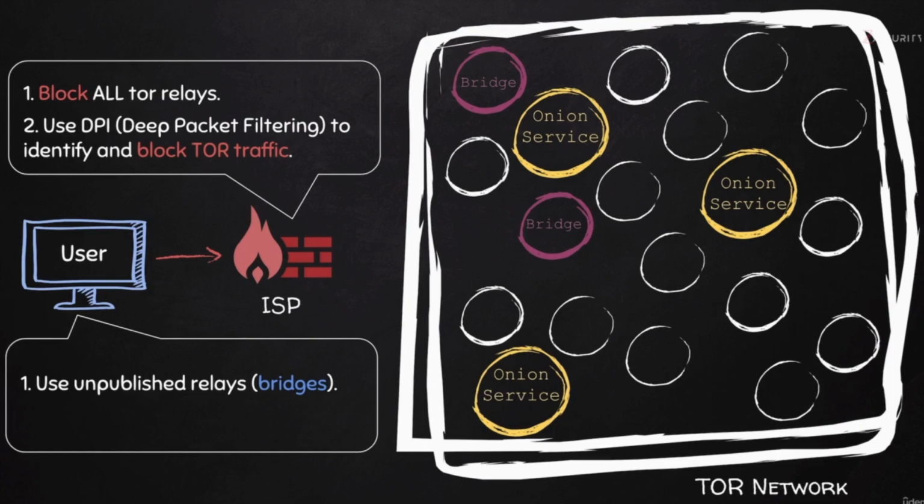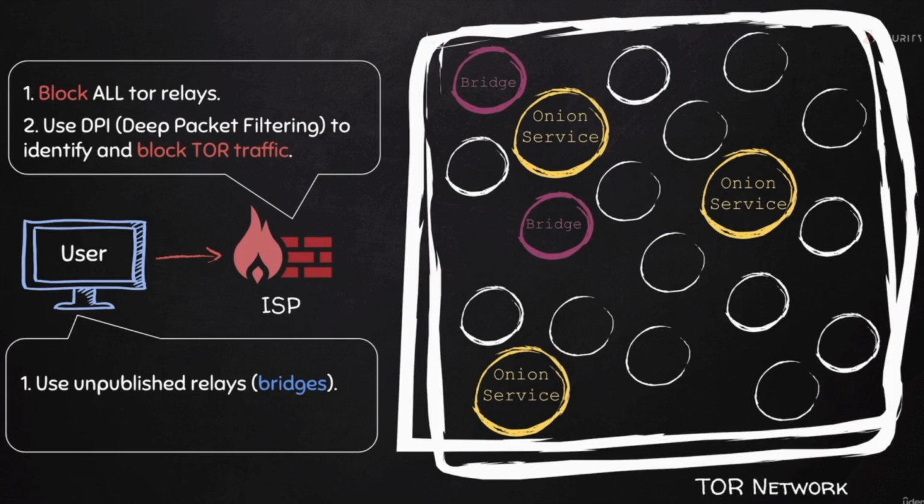So like I said before, when you use Tor, they can't really see which websites you're trying to go to, but they'll be able to see that you're trying to use the Tor network, either by identifying the node that you're trying to connect to, or by using deep packet filtering, which will tell them that the traffic of this user matches a signature of Tor traffic, therefore this user is using Tor, therefore we will block this traffic.